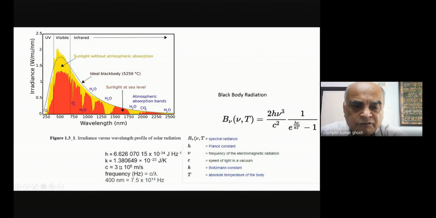That's the velocity of light, divided by the wavelength.